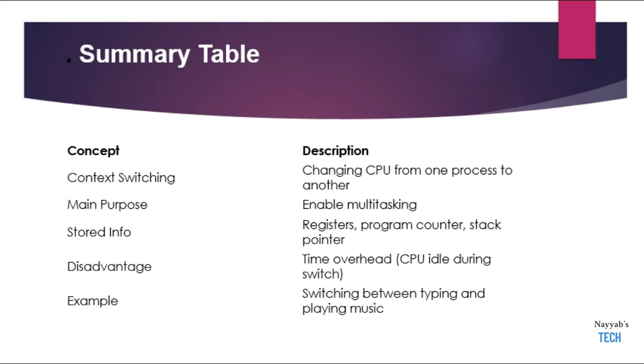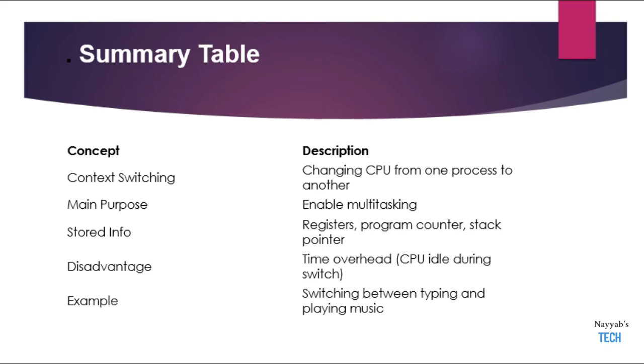So what is the summary table? The concept: context switching means changing the CPU state from one process to another. Its main purpose is to enable multitasking. It stores registers, program counter, and stack pointer. Its disadvantage is that it creates time overhead, meaning the CPU becomes idle during the switching.